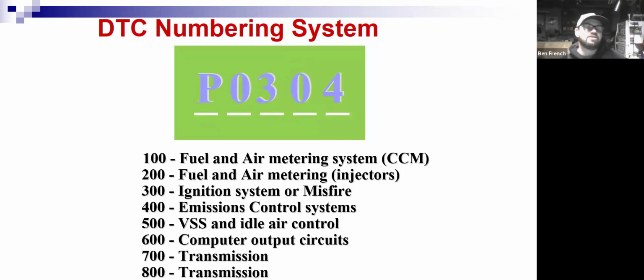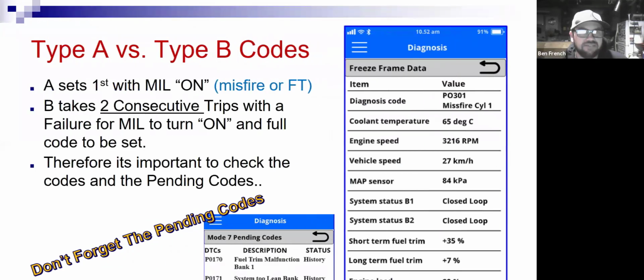So we beat you up with codes throughout the class. And of course, one of our big advantages of OBD2 is this generic alphanumeric system. So we know a P0304 is a misfire on cylinder 4, whether we're looking at a Chevy, Ford, Dodge, Toyota, whatever, right? Now, keep in mind, we still have this whole type A and type B codes thing, and it doesn't really tell us this is a type A code or a type B code.